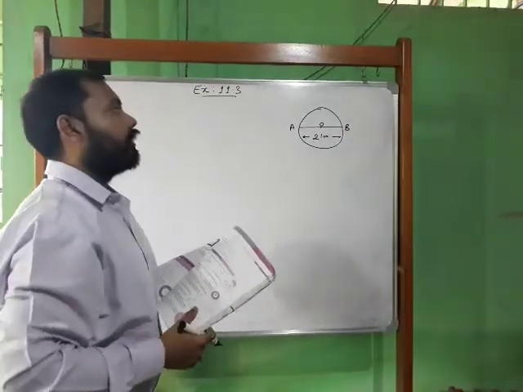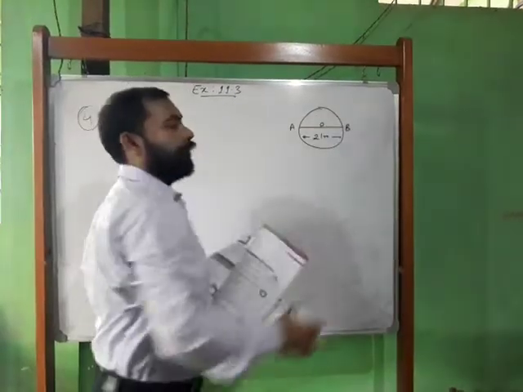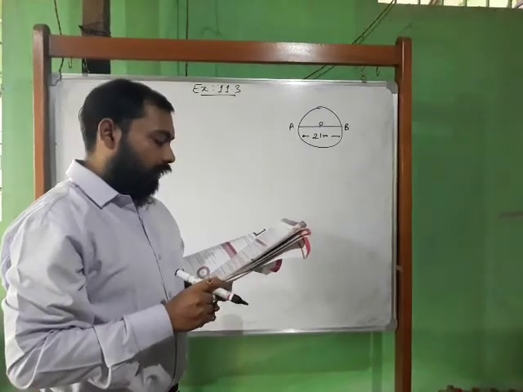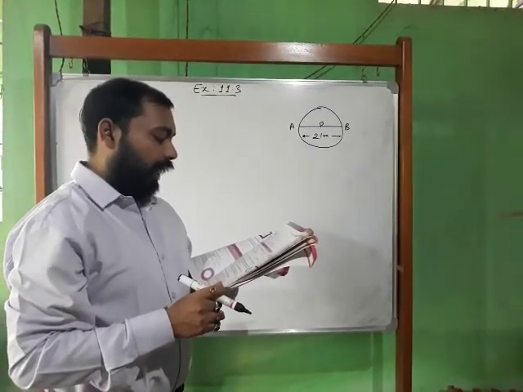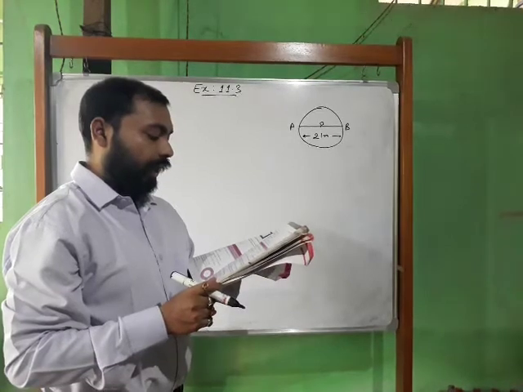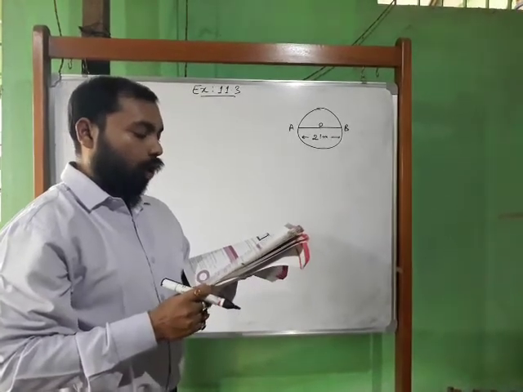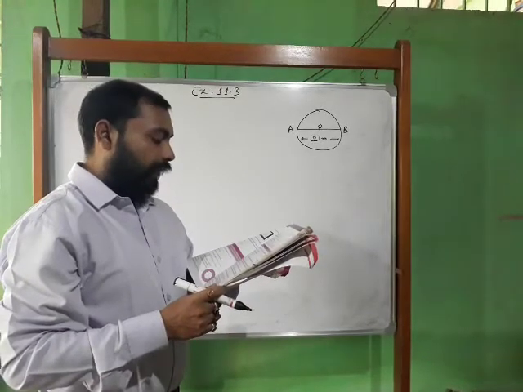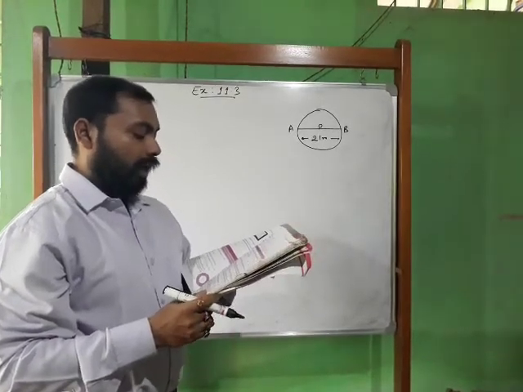O is the center of the circle and AB is the diameter, which is given 21 meter. Find the length of the rope he needs to purchase if he makes 2 rounds of fence. Also find the cost of the rope if it costs rupees 4 per meter.